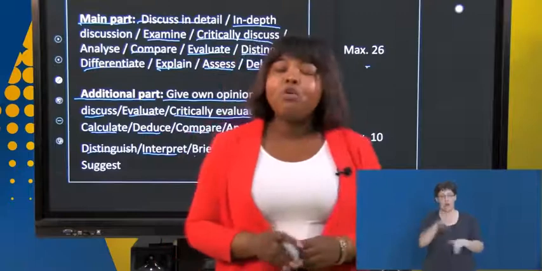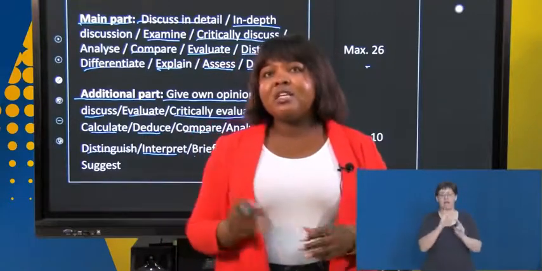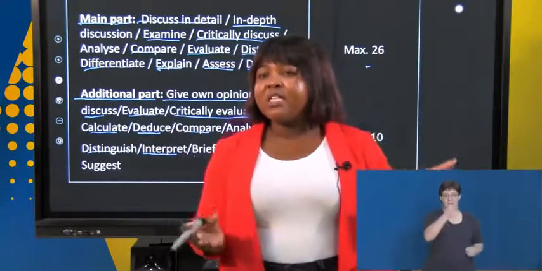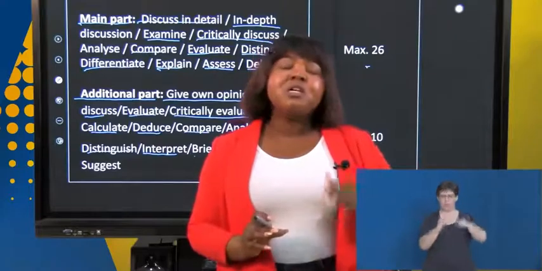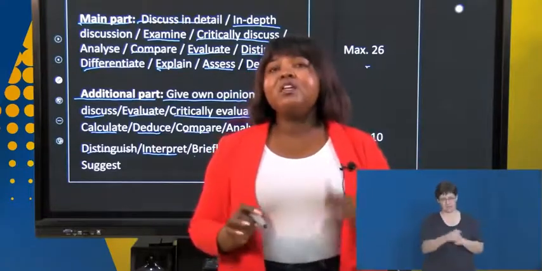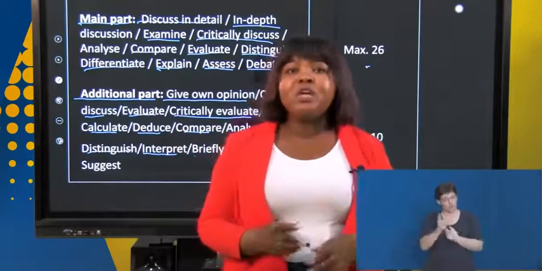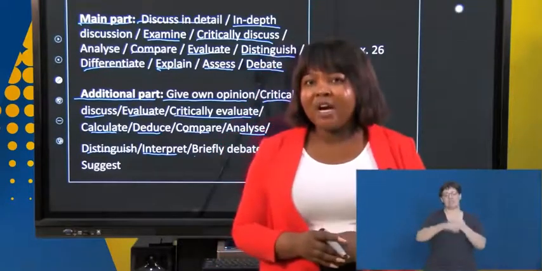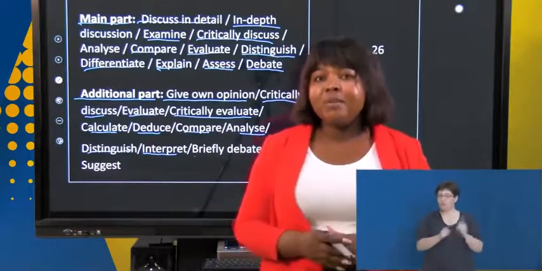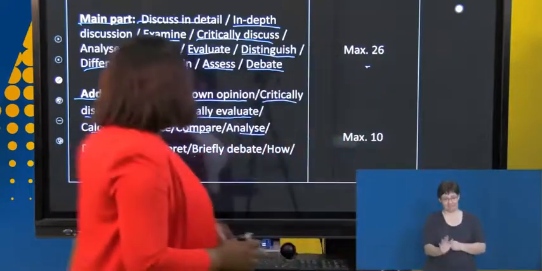Learners make the mistake of mixing and answering the main body and the additional part as one question. Please separate them, and you can even write additional part and underline it. Then you need to show that you are now tackling the additional part of the essay. Don't attempt them as one question.